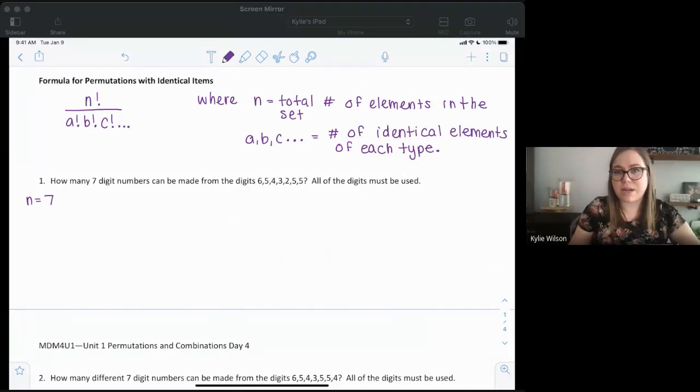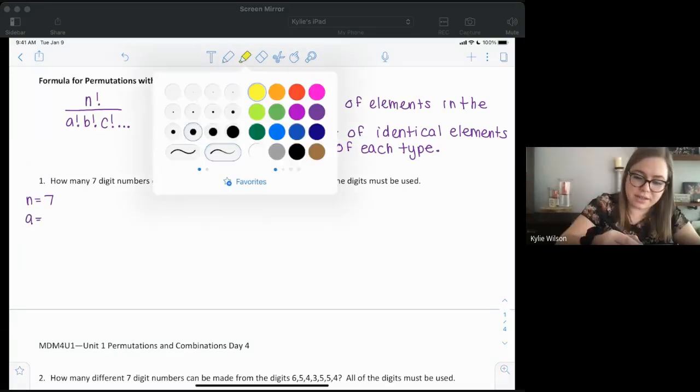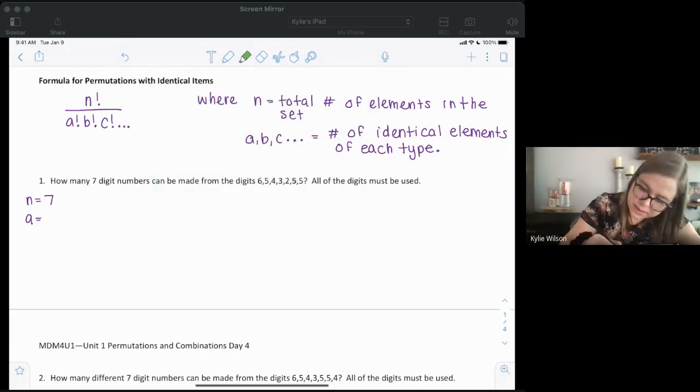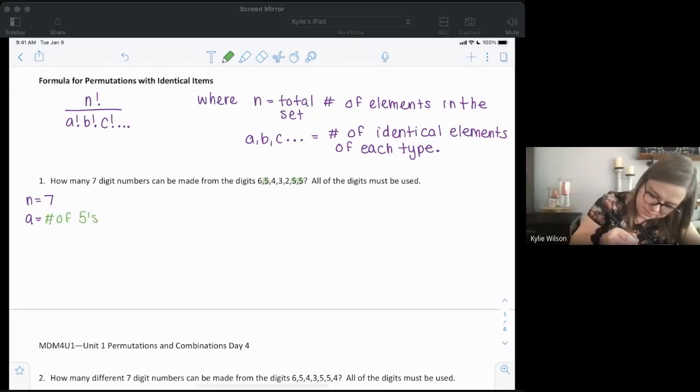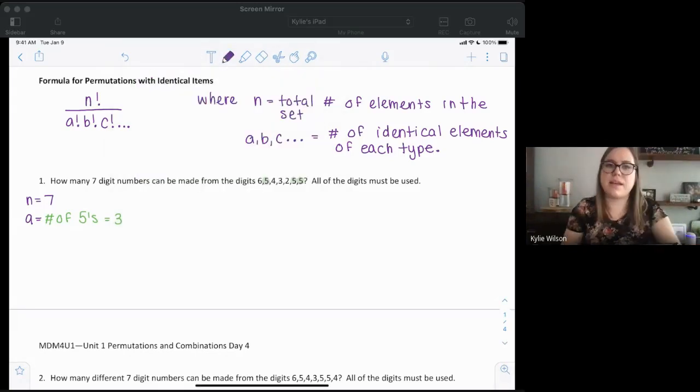And now we need to address our identical elements. So a is going to be my number of identical elements. And I have 1, 2, 3 5s. So a, the number of 5s, is equal to 3. So now we can put this into our equation.